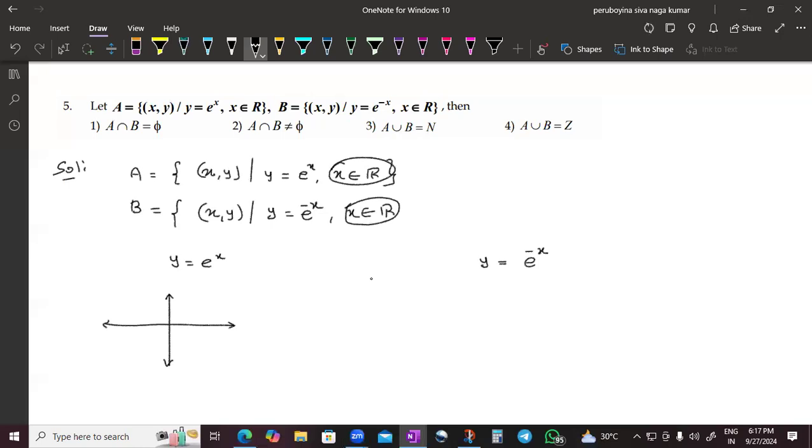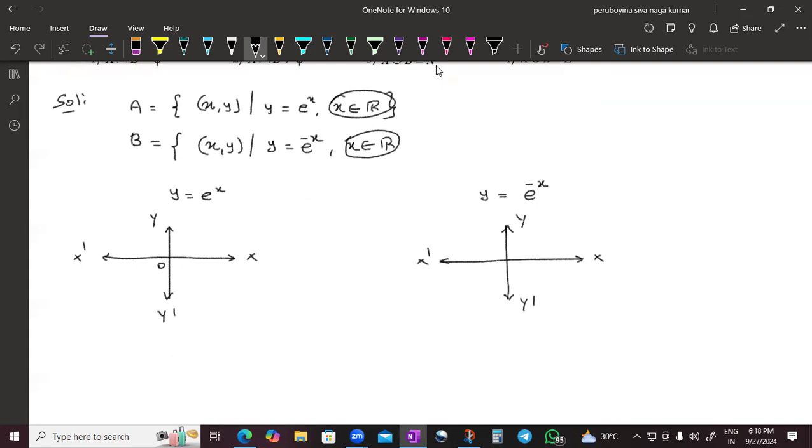So accordingly, we will design our answer. So this is the x-axis, y-axis, origin. So therefore, let us give some random values.